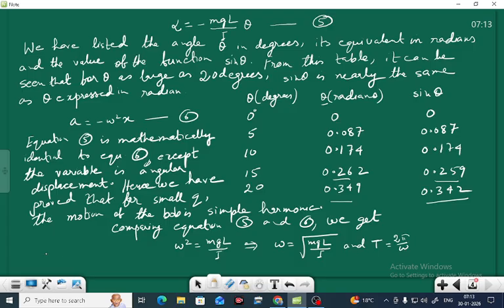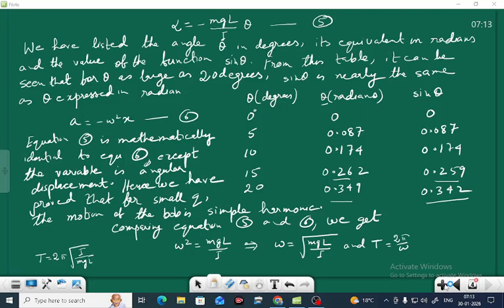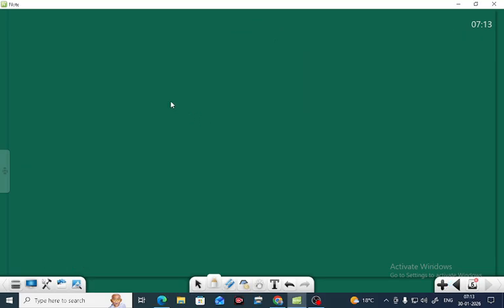So we get the time period T equal to 2 pi by omega, therefore T is equal to 2 pi root over I by m g l. This is the time period of a simple pendulum. This is equation 7.